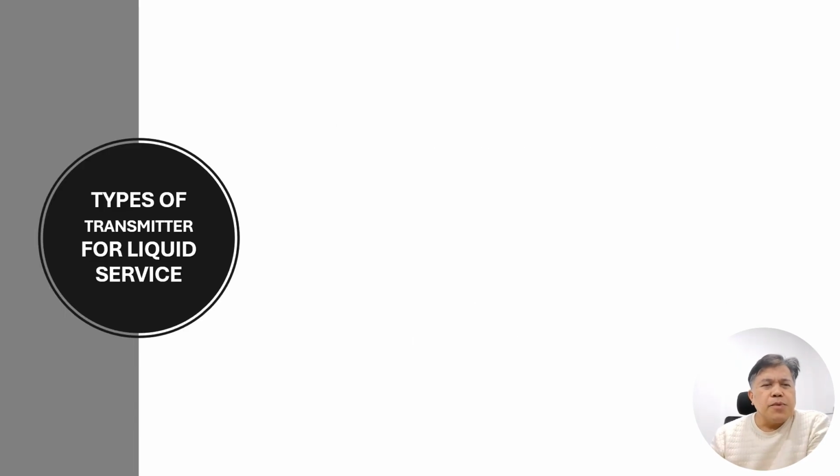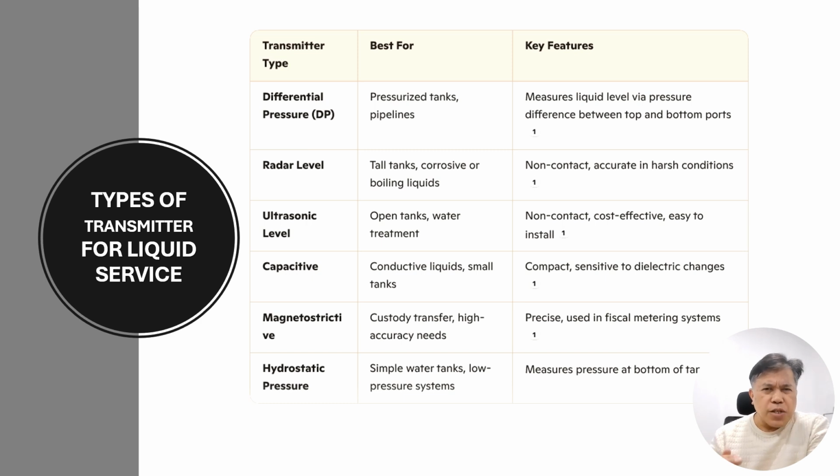So, types of transmitter for liquid service. What kinds of transmitter do we need to use in liquid service? Just as an example: differential pressure transmitter, radar level, ultrasonic level, capacitive, magnetostrictive, and hydrostatic pressure. So, the basis and key features.